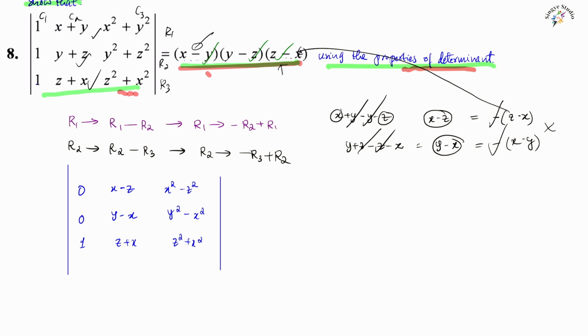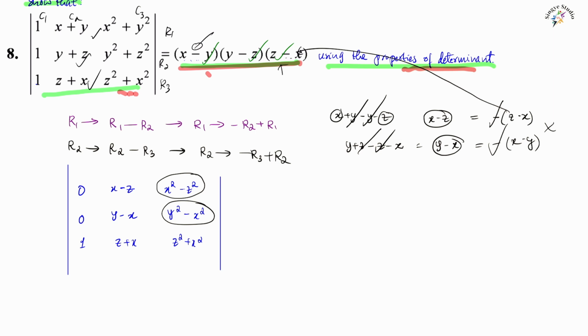Now if you observe very carefully, we can write these as factors because they are differences of squares. So we can express x squared minus z squared as x plus z times x minus z, same for y squared minus x squared.